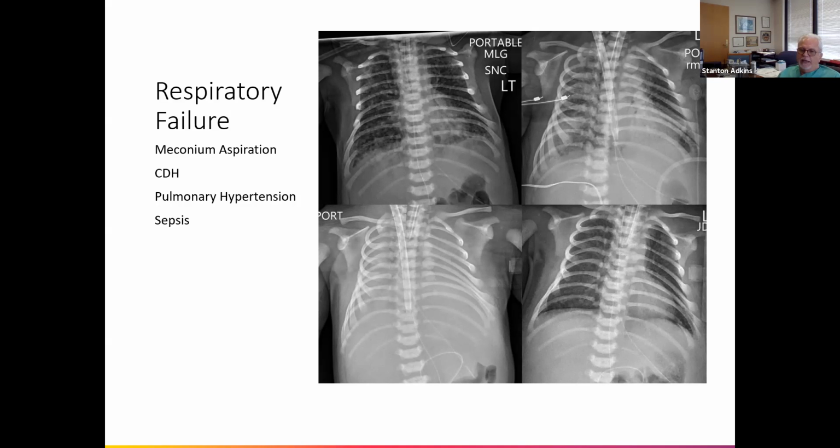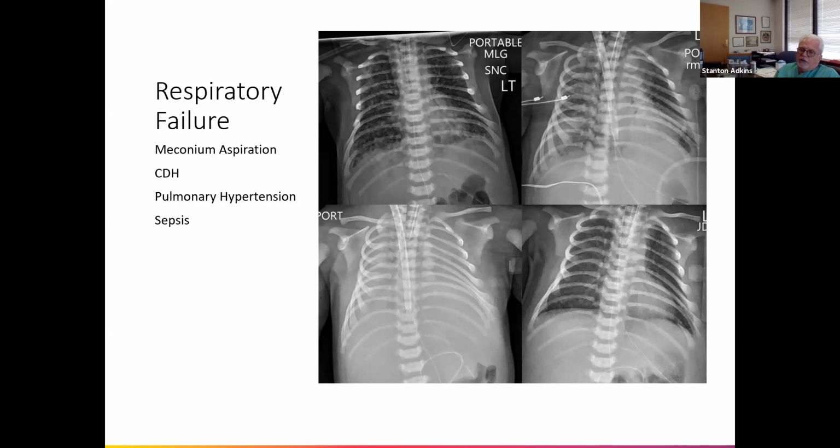Most of the kids that we have are going to get VA ECMO. We have a lot of kids who wind up on ECMO for diaphragmatic hernia reasons, and those guys typically have some cardiac dysfunction as well. Everybody who's going to get ECMO is going to have an echocardiogram ahead of time, and if the echo shows significant cardiac dysfunction even before we go on ECMO, then they're going to get VA ECMO.